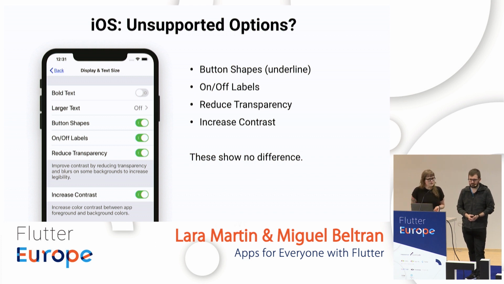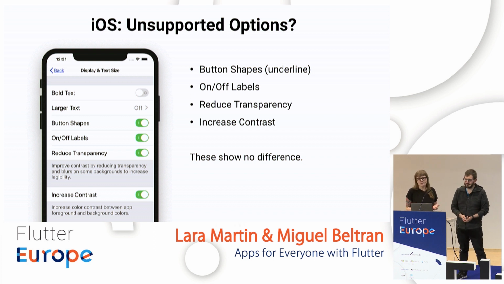One option was also reducing transparency, another increasing contrast. They were not working. We didn't see any noticeable changes, and so we suspect that they are not supported. But we will see later that still we can do something.